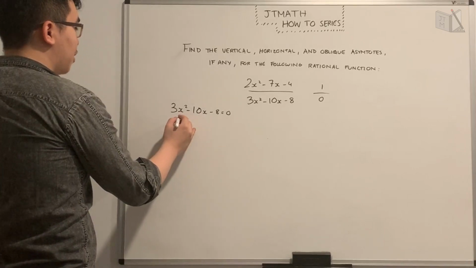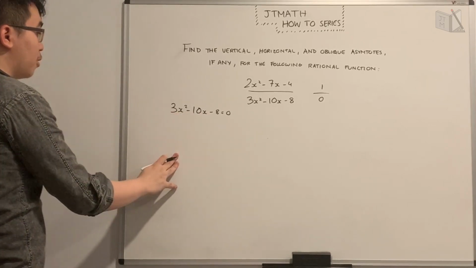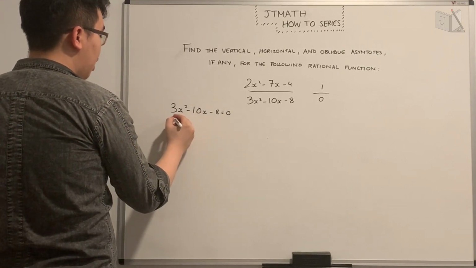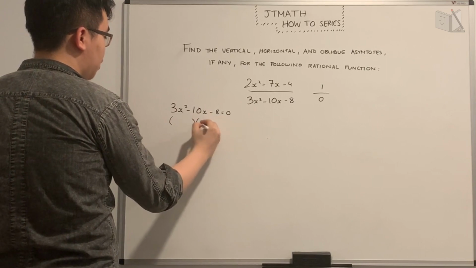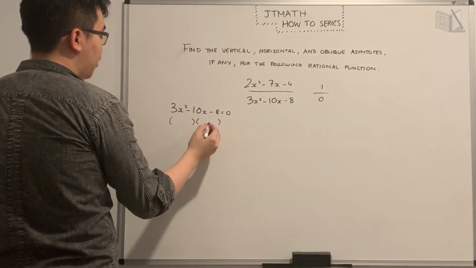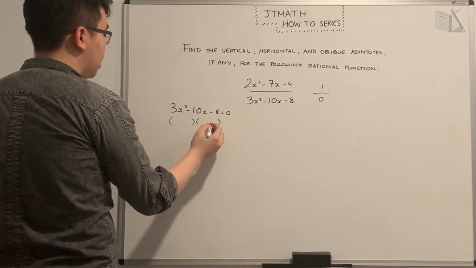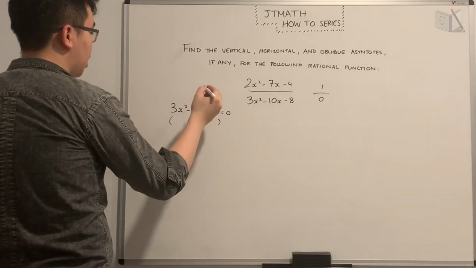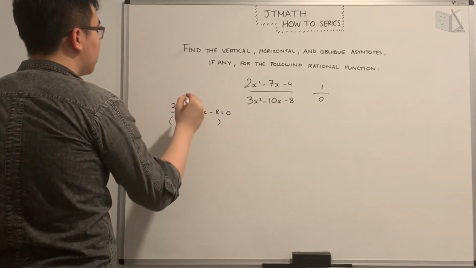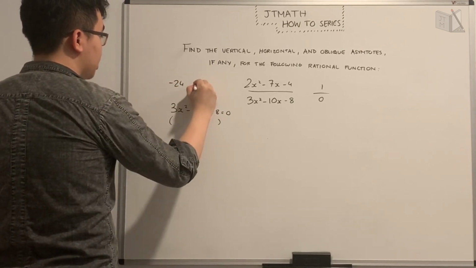In order to factor a quadratic where the coefficient of x squared is higher than 1, there are two ways you can approach this. You can do trial and error and guess the factors. I'm going to do something a little more calculated, where I take the plus 3 and multiply it by minus 8 to give me minus 24, and this is minus 10.